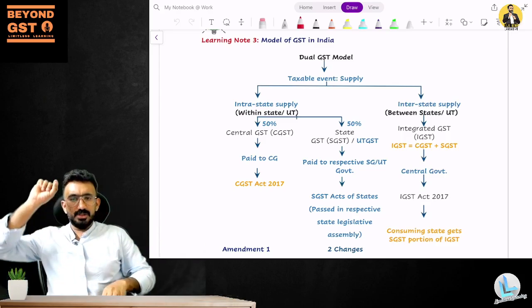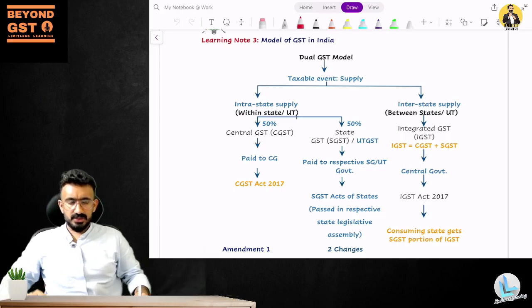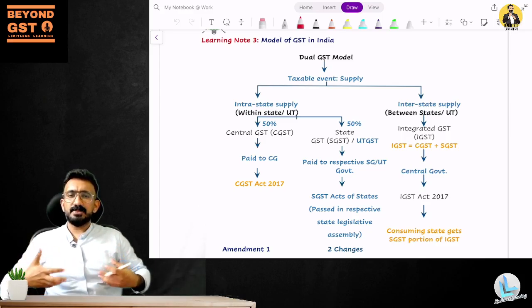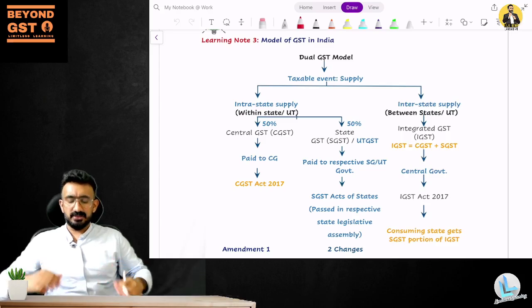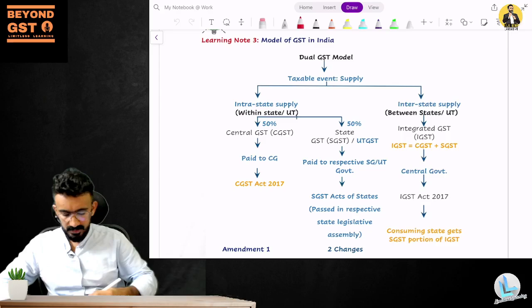Now, because of the new addition in our subject, a chapter called place of supply, the concept of intrastate supply and interstate supply is going to be different. How is it going to be different? Look at here.